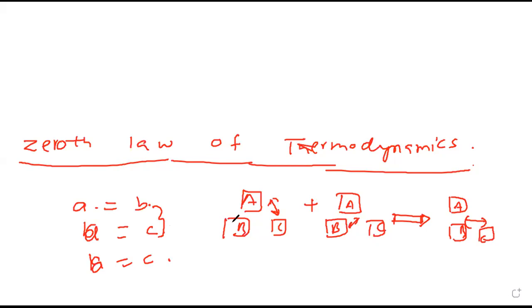This is called the zeroth law of thermodynamics. If two systems are in thermal equilibrium with a third system, then they are in thermal equilibrium with each other.